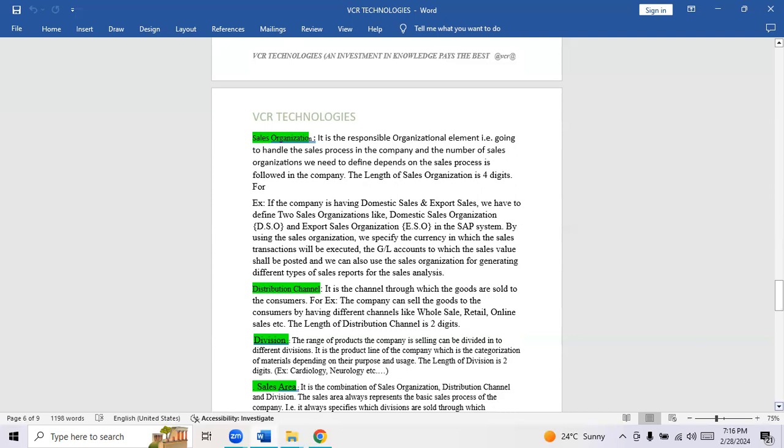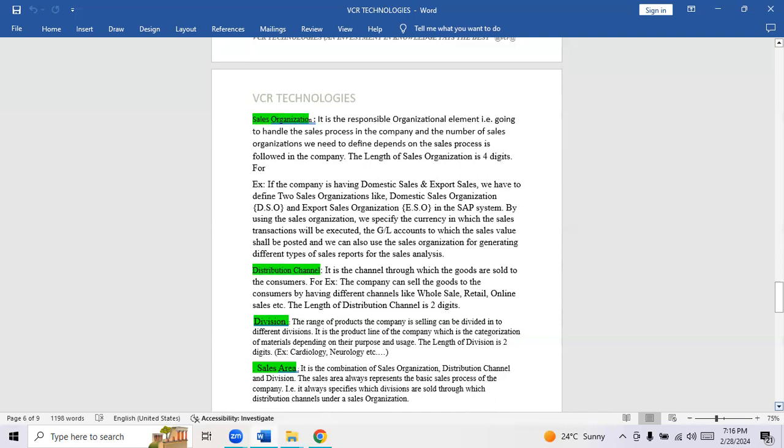If the company is having domestic sales and export sales, we have to define 2 sales organizations only, like a domestic sales organization and an export sales organization.